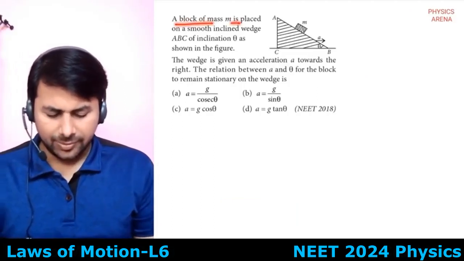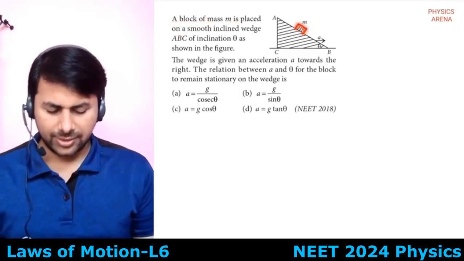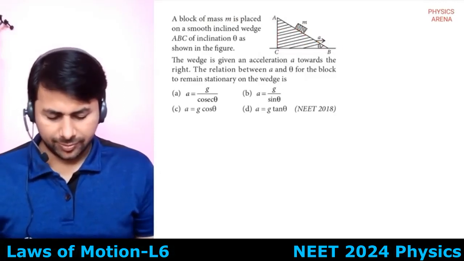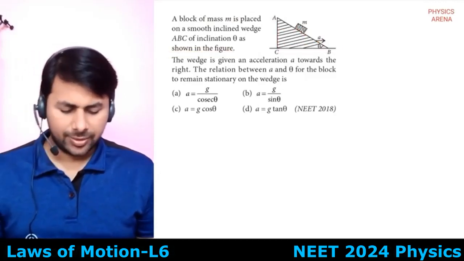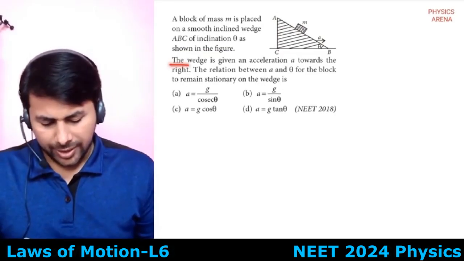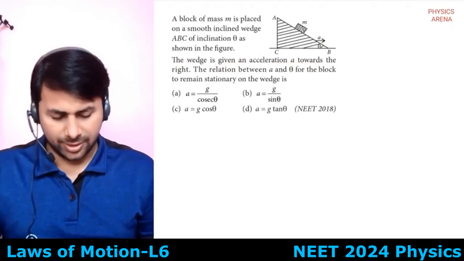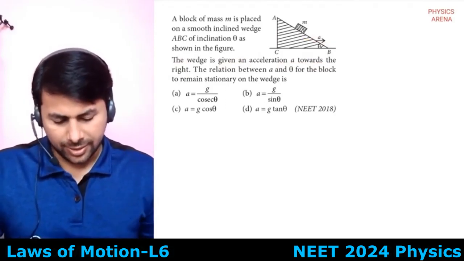A block of mass m is placed on a smooth inclined wedge, as shown in the figure. The wedge is given an acceleration a towards the right.